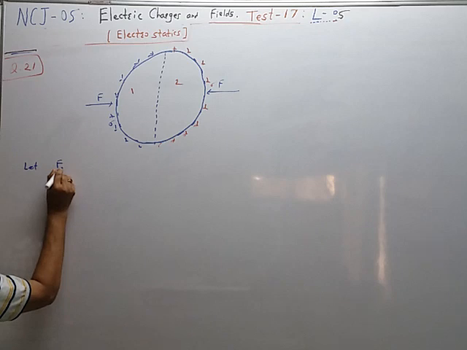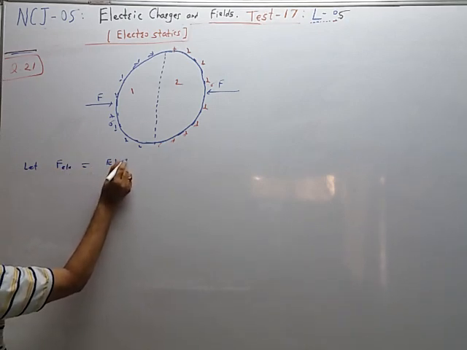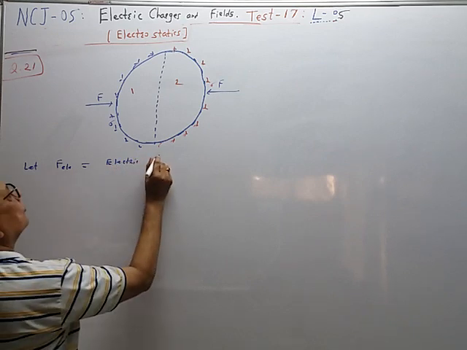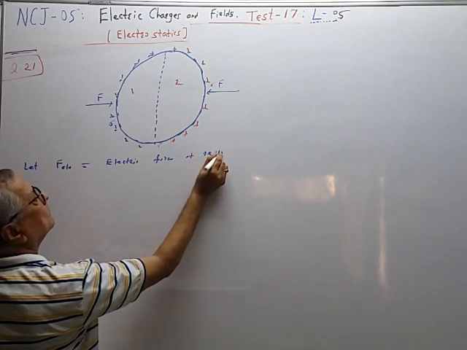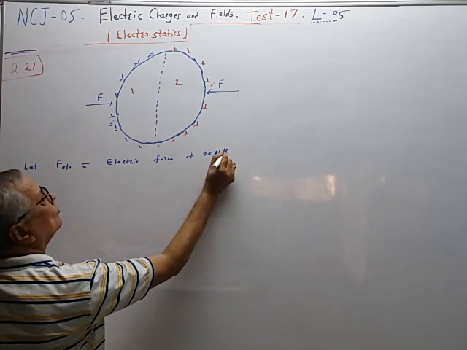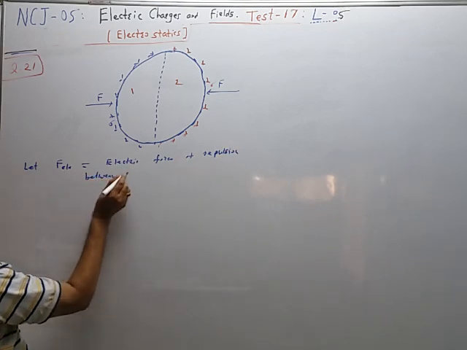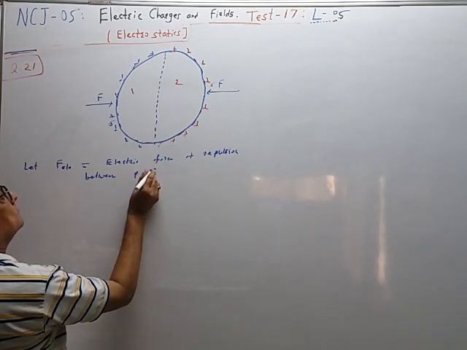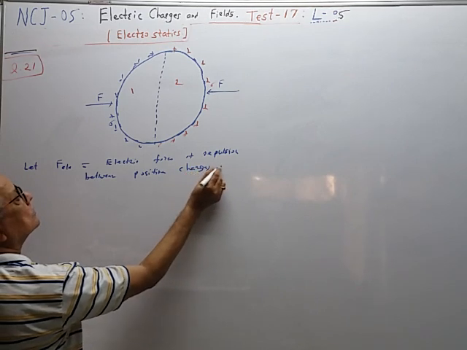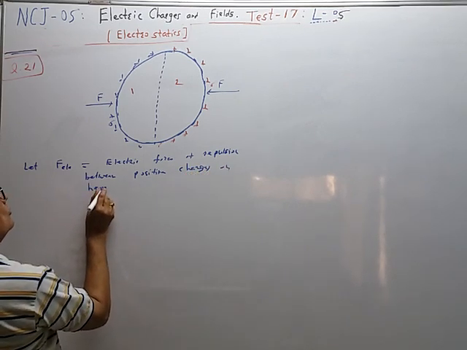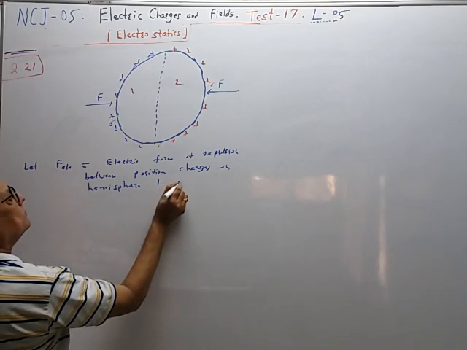Let F electric is equal to electric force of repulsion between positive charges on hemisphere 1 and 2.